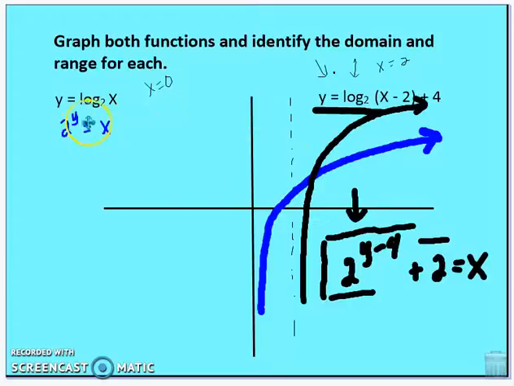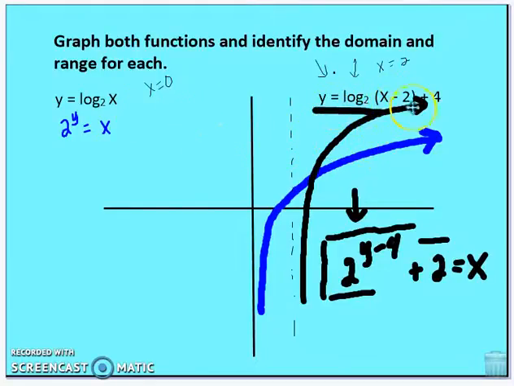Now this compares to the exponential growth and decay functions, or let's say the non-inverted functions, where the domain was all real numbers and y was all values greater than 0. So we're switching the domain and range essentially when we create the inverse function, at least the parent function.